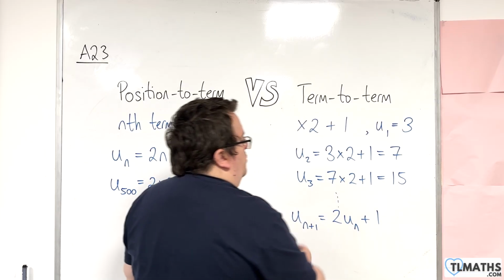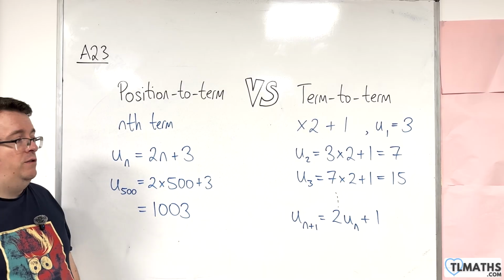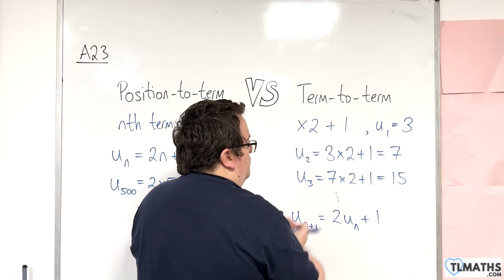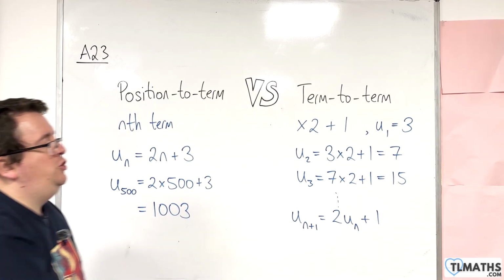So this is what we refer to as a recurrence relation. And it describes exactly what you have here. It's just algebraically, that's the notation that we use.